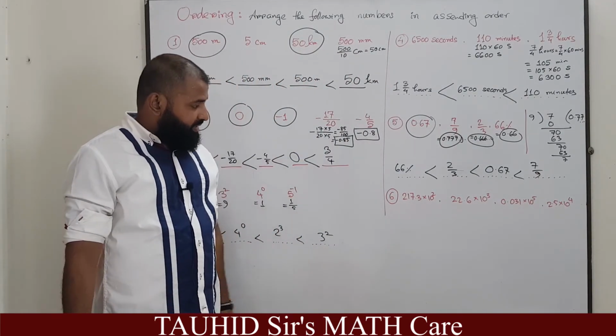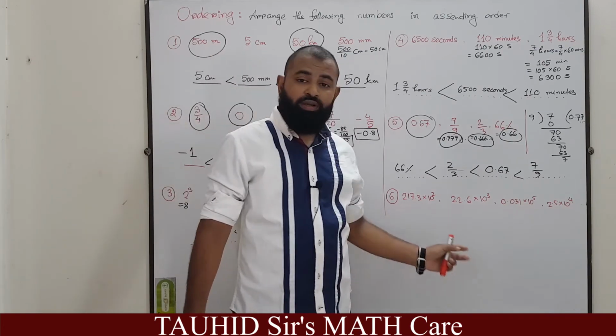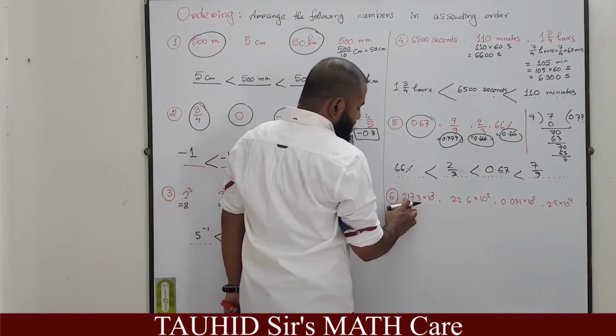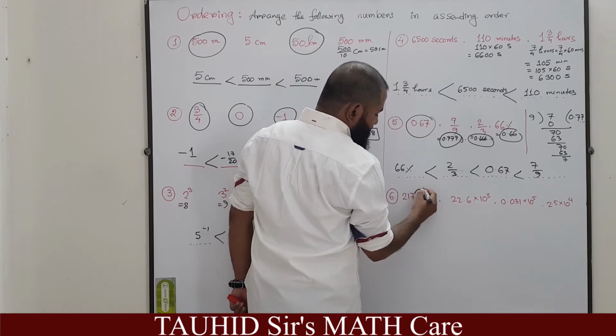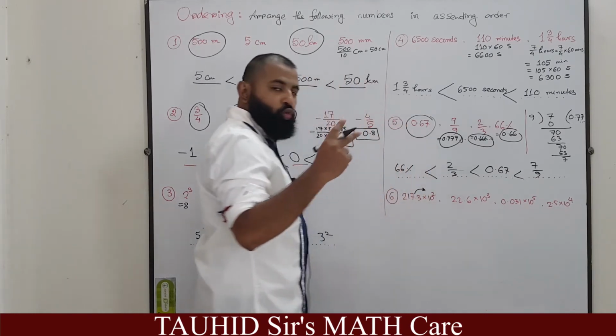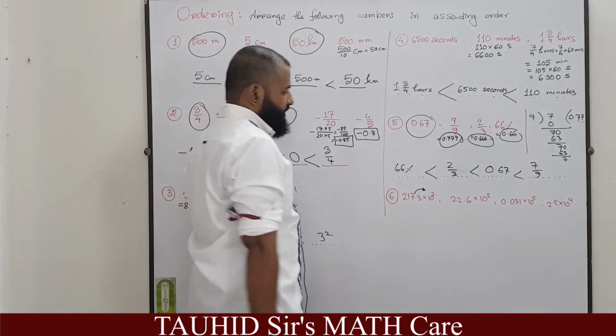And question number 6, here we can see an example using standard form. 217.3 multiplied by 10 square, that means this decimal will go 2 decimal places rightward.